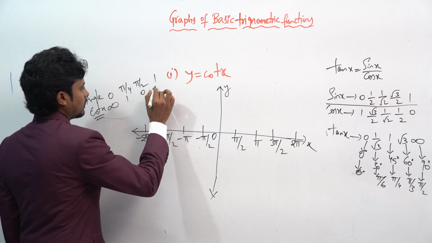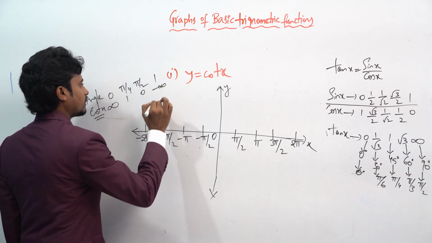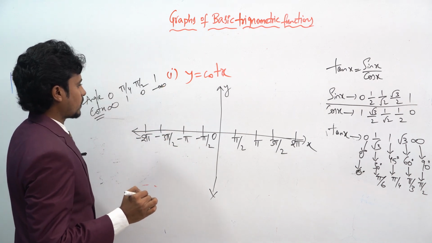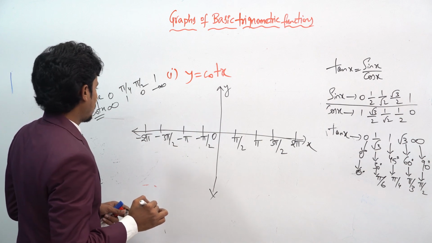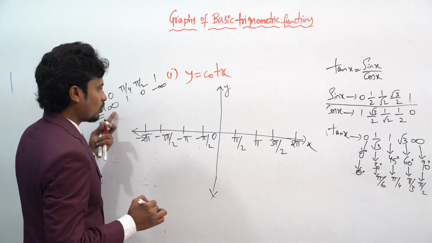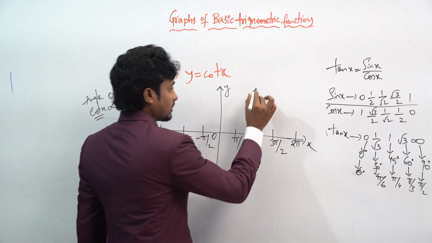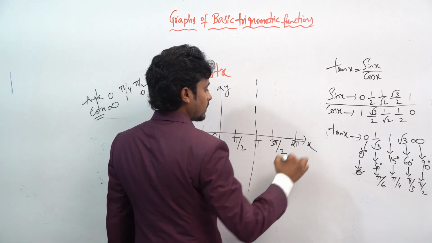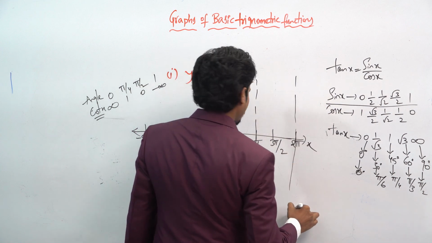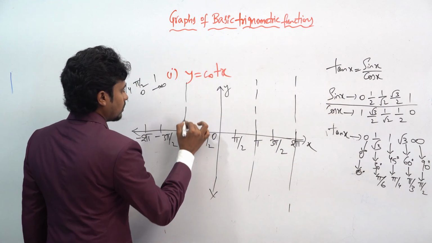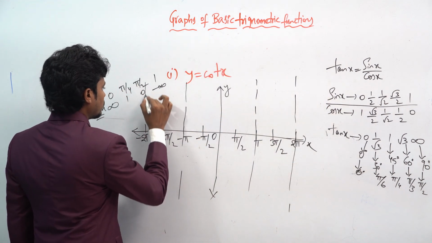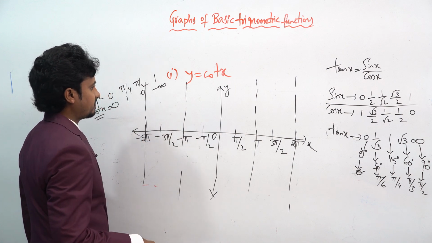You will get minus infinity. Okay, so here also you can observe at 0 you will get the asymptote, right? That means at 0, next at pi, next at 2 pi. Here also at minus pi, and here at minus 2 pi.